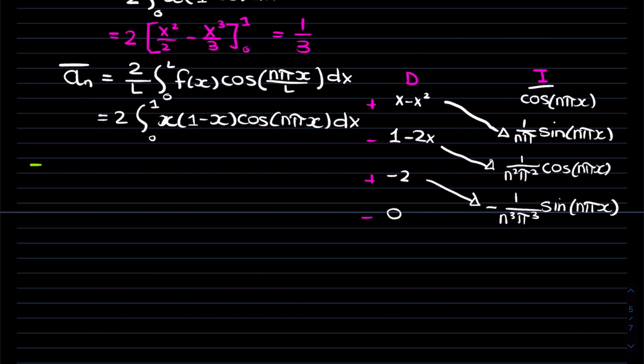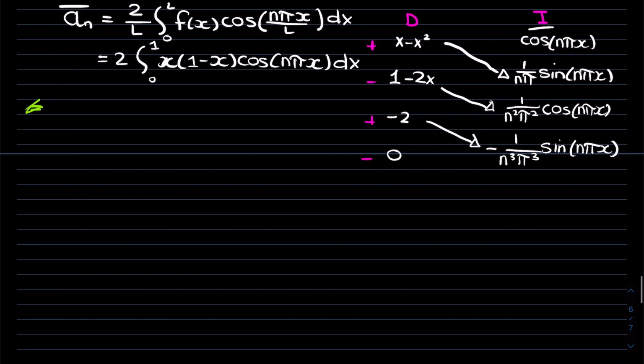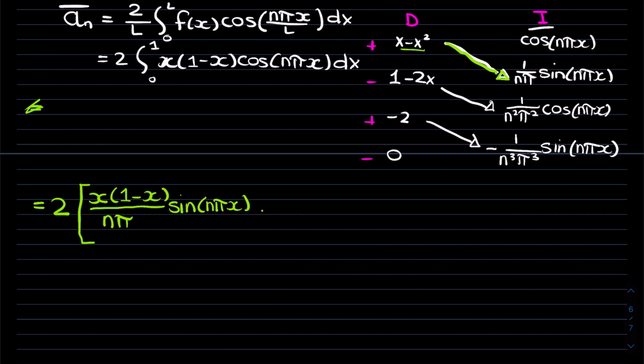Right, so what we get, don't forget, I might do it down here where there's a bit more room. What we get is that 2 out the front. And then if I multiply these things, x times 1 minus x, I've just rewritten it because it looks a bit neater. Multiply it by this down here, n pi sine n pi x. Now that will be negative there. Don't forget the negatives.